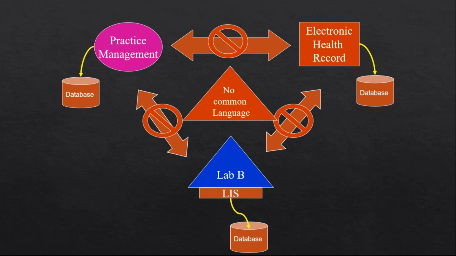So in order for the practice management to send data to the EHR, what exactly happens is, for the data to travel from PM to EHR, data will be extracted from the database, and that has to be inserted into the electronic health record. For instance, if patient data is recorded within the practice management, all of the data like first name, last name, date of birth, gender has to be sent over to the electronic health record, and that particular database has to be accessed and data has to be inserted.